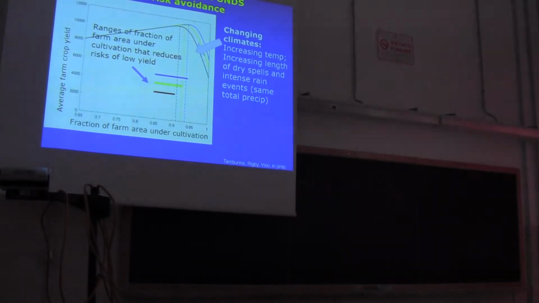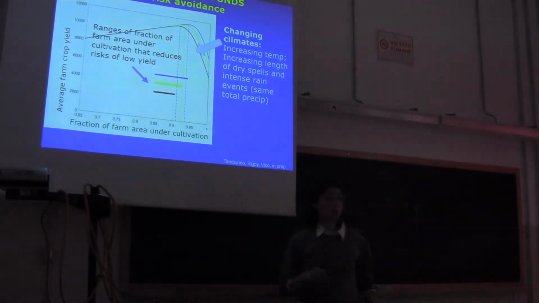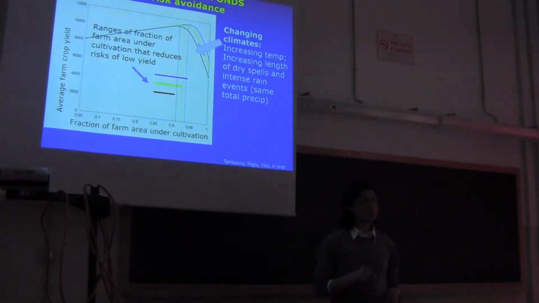Now, if your point though is to reduce the risk of achieving extremely low yields, then you're not so much interested in the average farm crop yield, but you're interested in being sure that you never or very infrequently end up in very low yields. So we tried to see, okay, what pond would you need to have in that case.